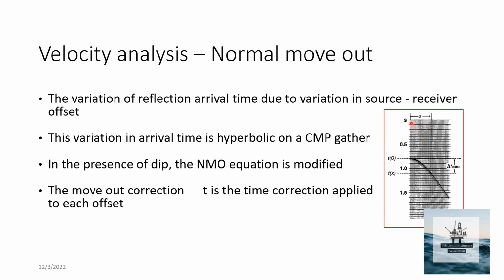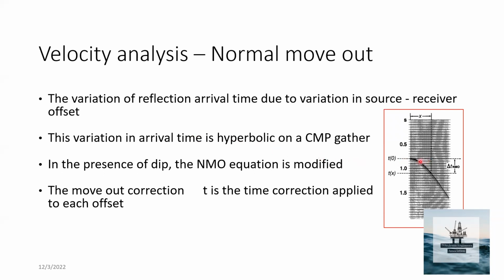If we shoot from here to here, it will take less time than recording a further point. So the main reason for the move out is the offset increase: the variation of reflection arrival time due to variation in source-receiver distance, which is the offset, which results in hyperbolic behavior on the CMP gather.